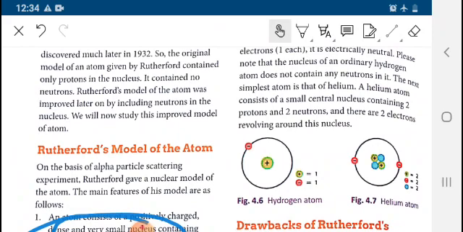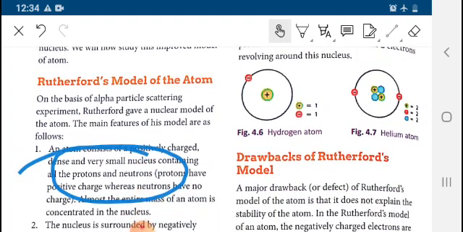Neutron has neutral charge, so the nucleus will have all its charge just because of the proton, and therefore the nucleus is positively charged. And you can see that the electron is revolving around the nucleus in a circular orbit, and there is a force of attraction. Similarly for the helium atom also.